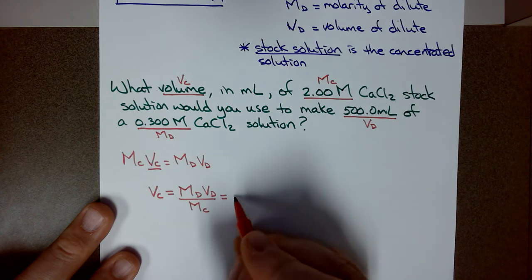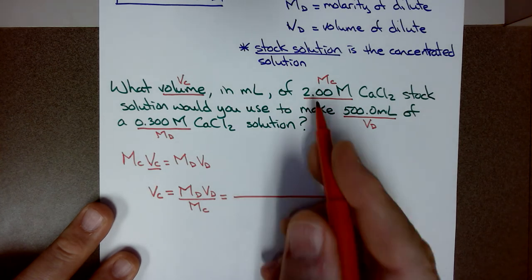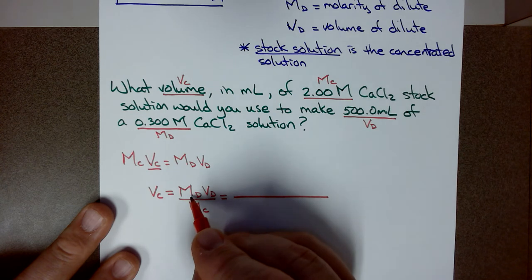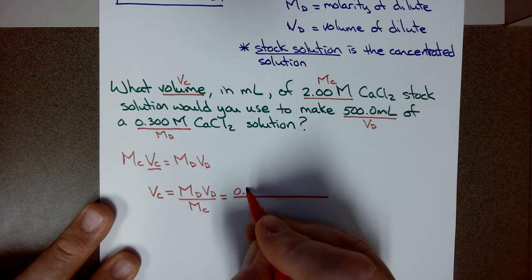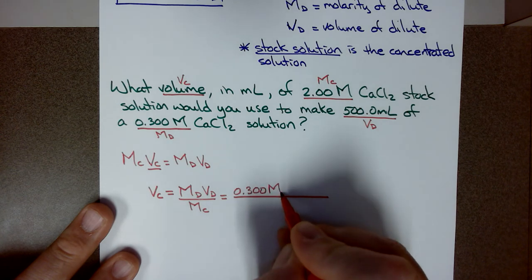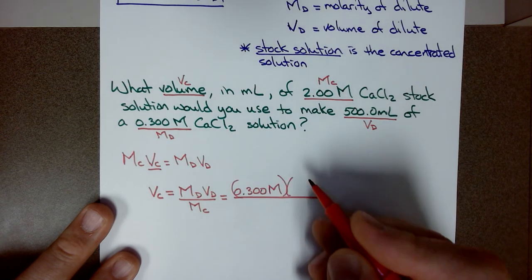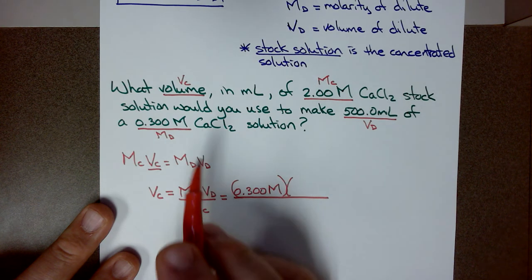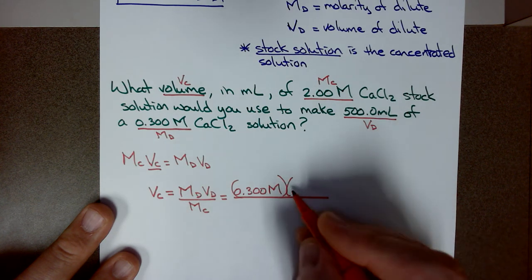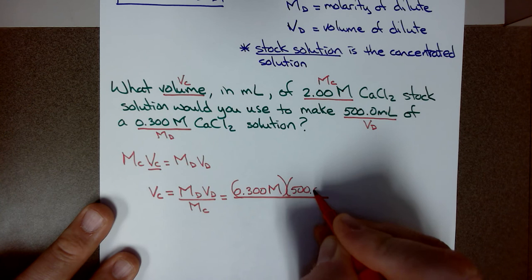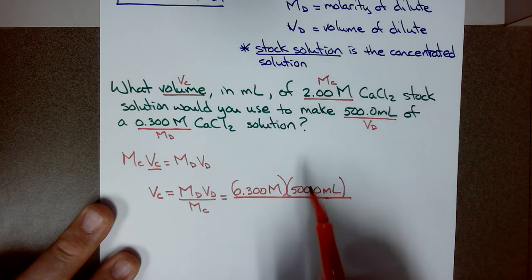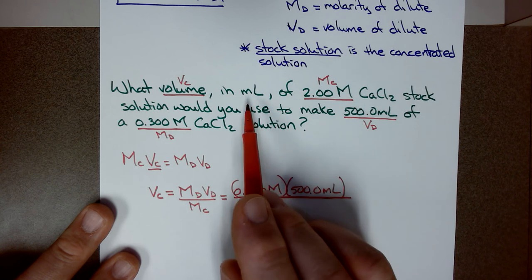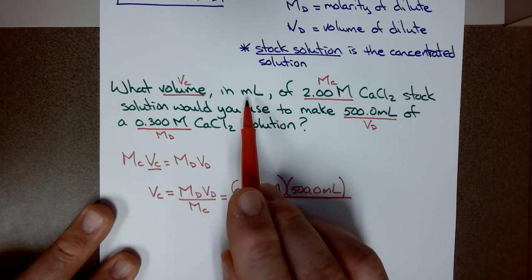So now I just substitute. The molarity of the dilute is 0.300 molar times the volume of the dilute, that's 500 milliliters. Now, I didn't have to convert to liters, because if I'm in milliliters and I'm looking for milliliters, I do not have to convert to liters.